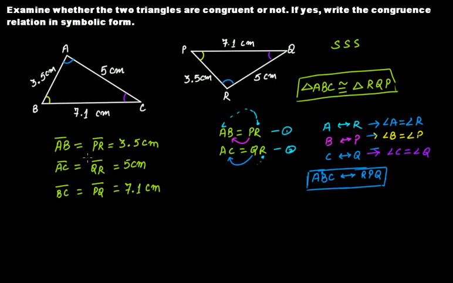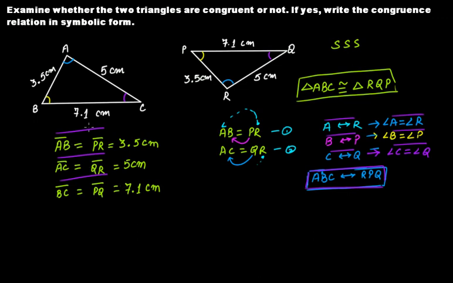From this information we can say that these were the corresponding vertices, these were the corresponding angles, this is the correspondence under which these two triangles are congruent, and these are corresponding sides. Why corresponding sides?